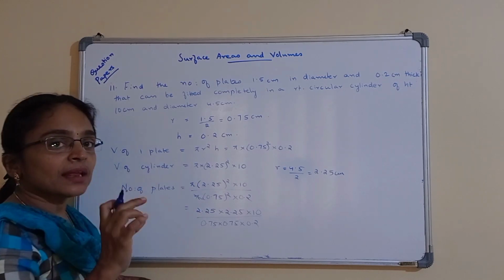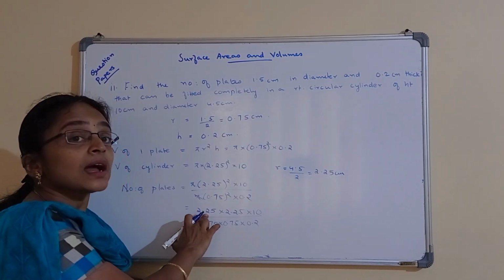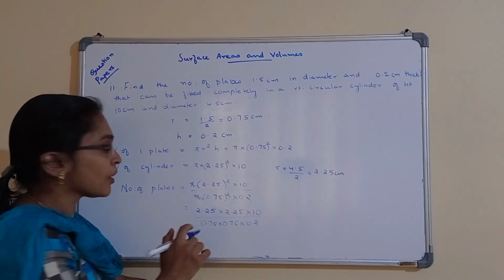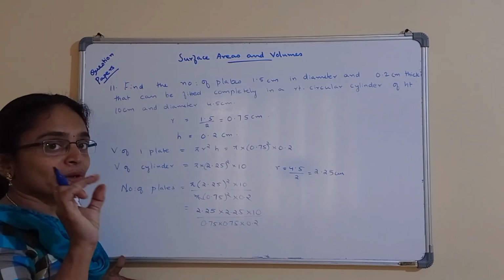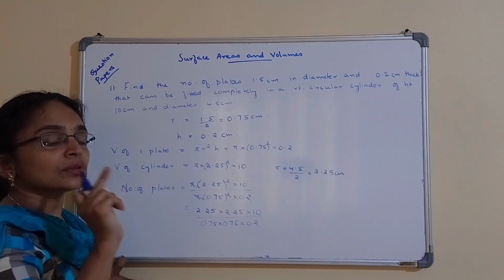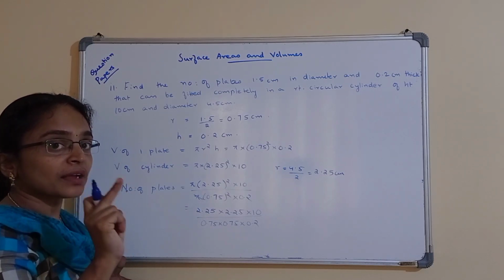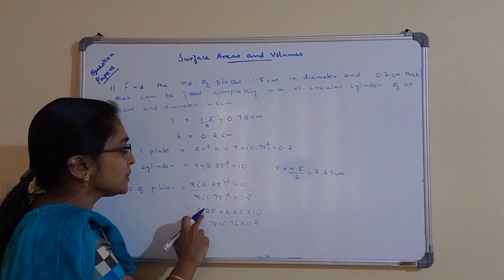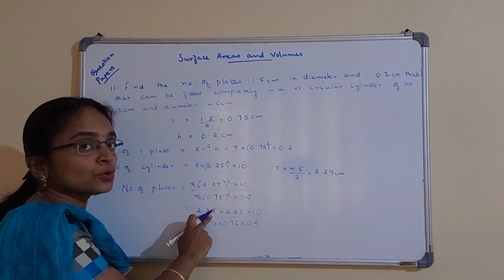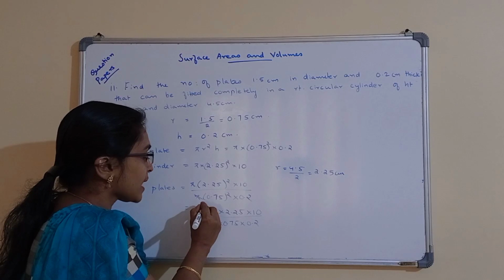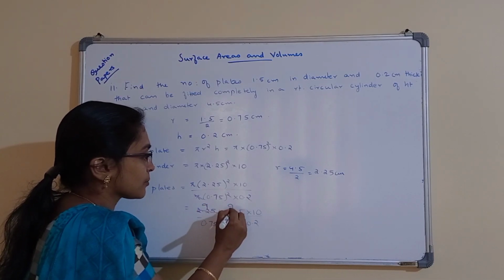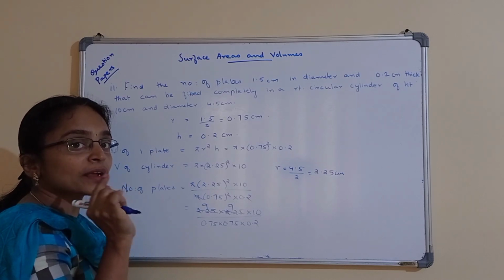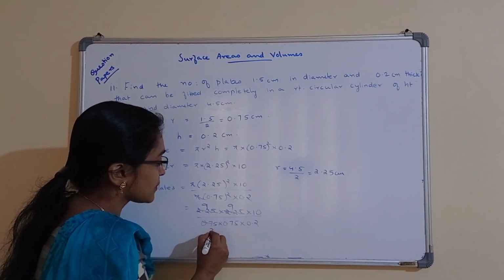And we can see how many 0.25s are there in 2.25. There will be 4 0.25s in 1, so there will be 8 in 2, and there will be 9 0.25s in 2.25. So 9 are there, and 9. And how many 0.25s are there in 0.75? There are 3.